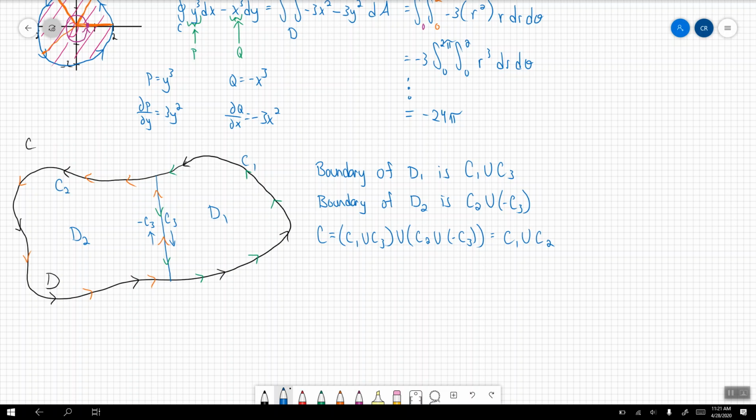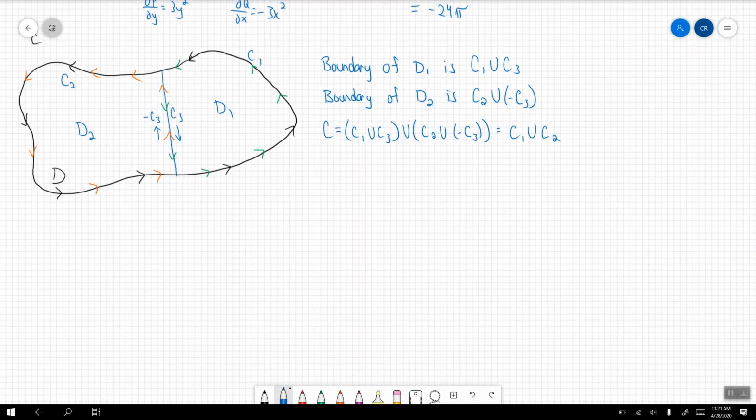So the big question is, why am I looking at this so abstractly? Well, I want to analyze the double integral over the region, domain D, of the partial of Q with respect to X minus the partial of P with respect to Y dA.